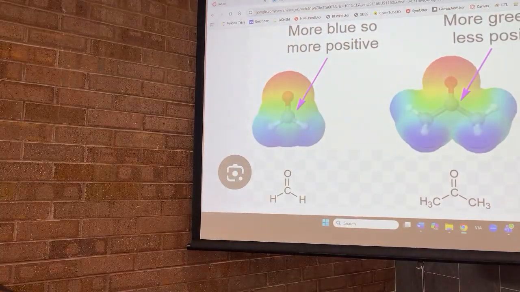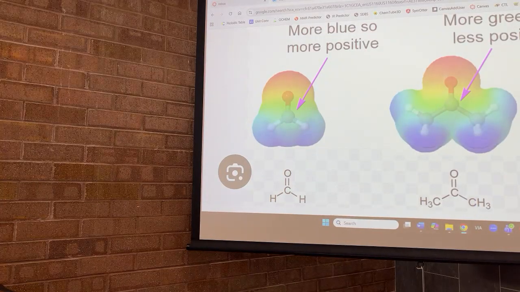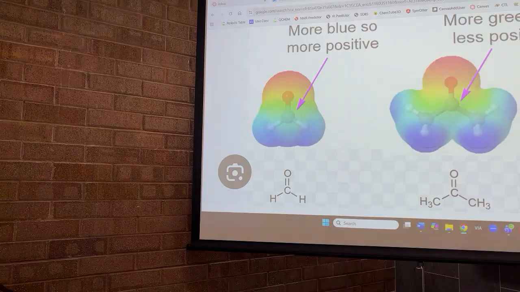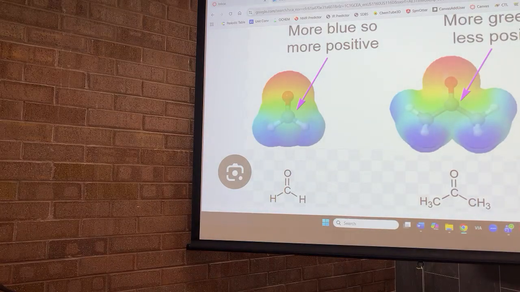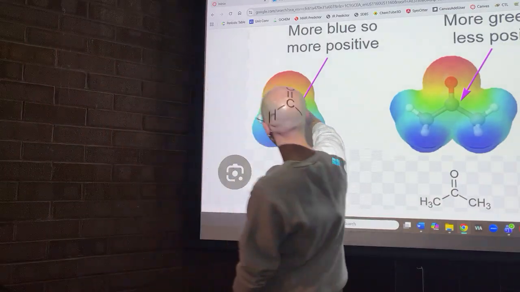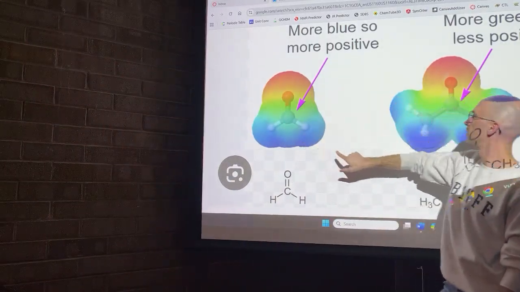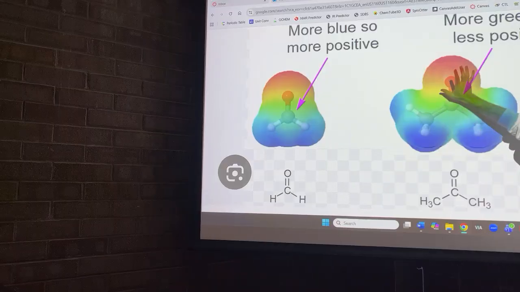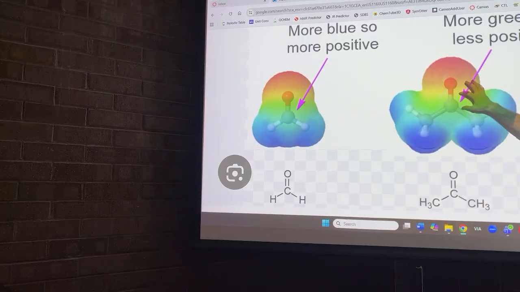But when I looked at it a little bit closer and noticed, oh, where the carbon sits in the color, this carbon sits lower down into the blue region, and this carbon sits higher up into the green region.